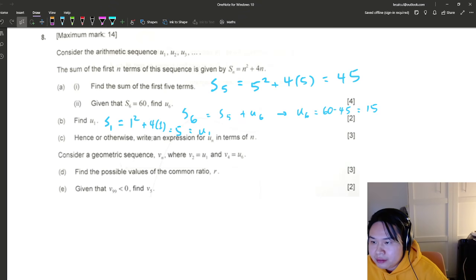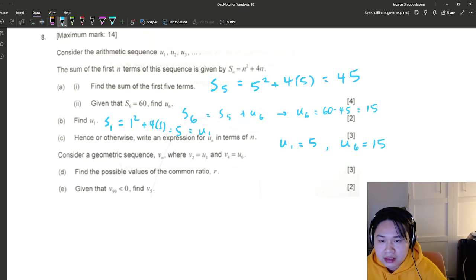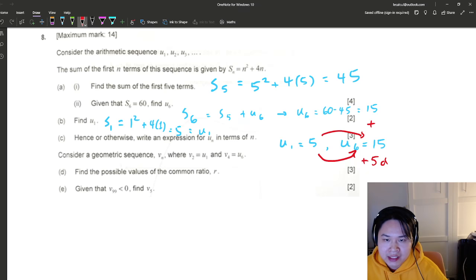Hence or otherwise, write an expression for Un in terms of n. Okay, so wait, hold on. I know U1 is 5, and I know that U6 is 15. So we can find the common difference because this is an arithmetic sequence. So we've added 5 differences, and you can see that basically what we've done is we've added 10.